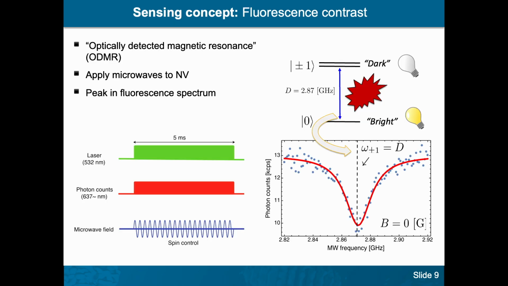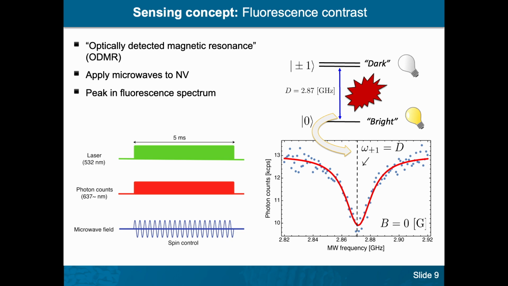So anyway, I'm still giving you some background, and it turns out that this transition at zero magnetic field, independent of temperature, is around 2.87 gigahertz. And so you can actually excite the spin state by applying microwaves at this frequency. And because of this spin state dependent fluorescence, if you were to just monitor the fluorescence, you would get this spectrum.